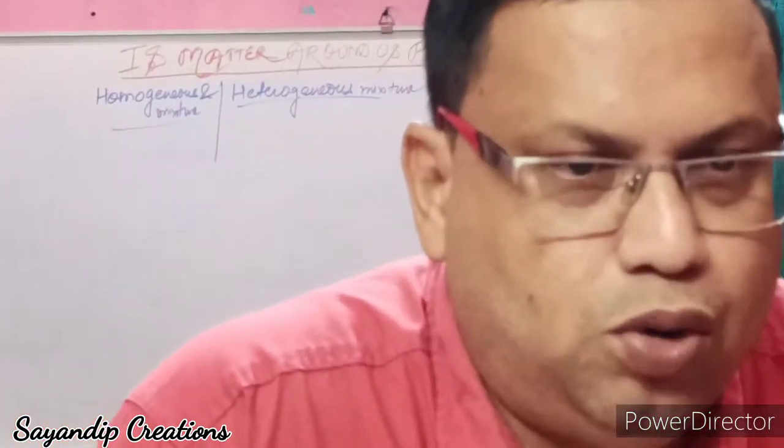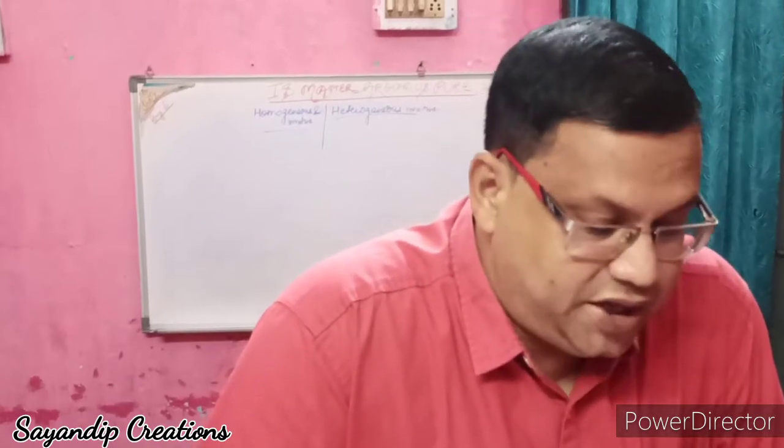Homogeneous mixtures have uniform composition throughout the solution, like a mixture of salt and water, or sugar and water. Secondly, it doesn't show the Tyndall effect. You may ask, what is the Tyndall effect? That I will discuss later in the chapters. No visible boundaries of separation are there between the particles.